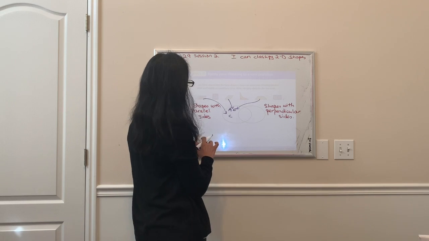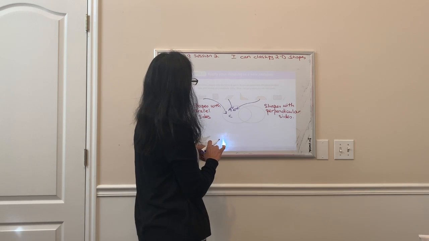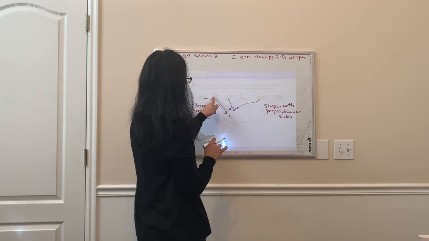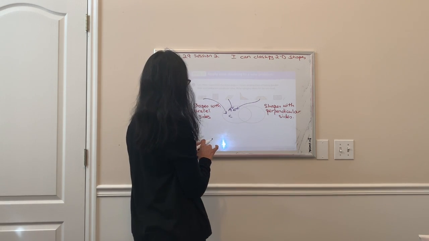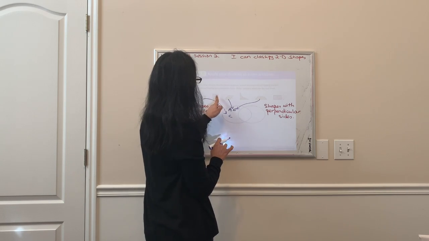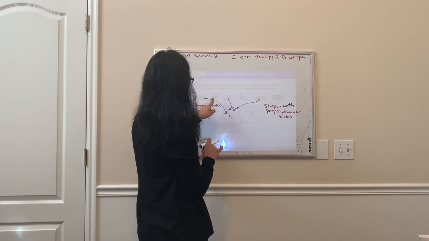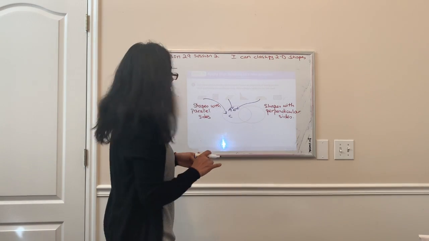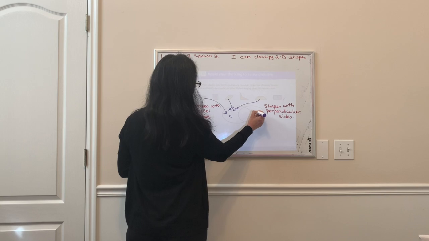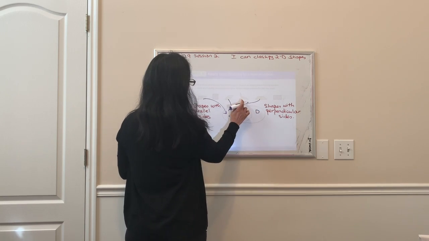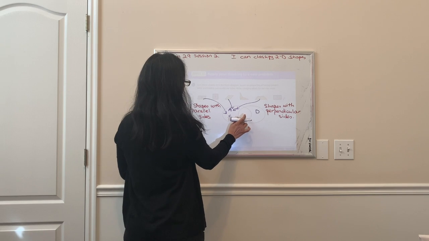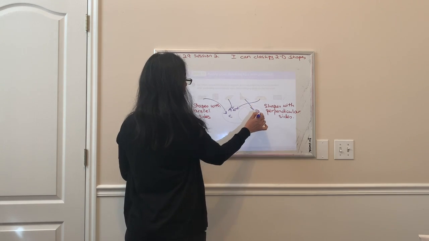This one has a perpendicular side, and this one has a perpendicular side, and this one has a perpendicular side. But they also have parallel sides. This one has a parallel side, and this one has a parallel side. So which one is the only one that has a perpendicular side but not a parallel side? D.